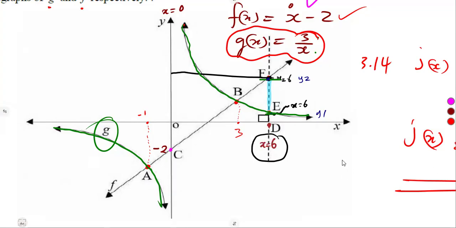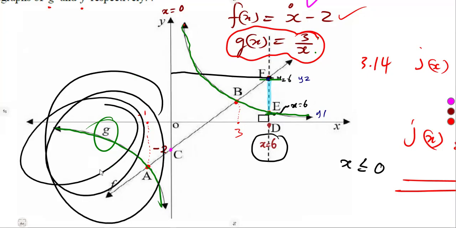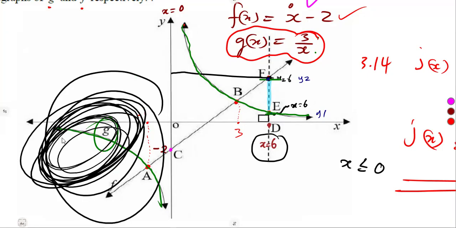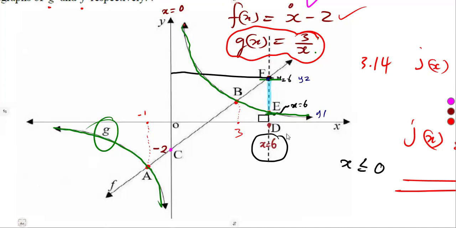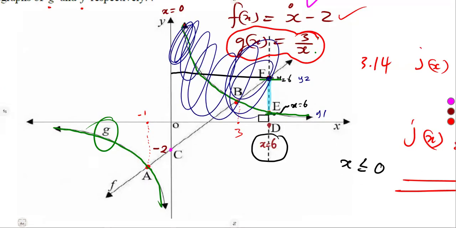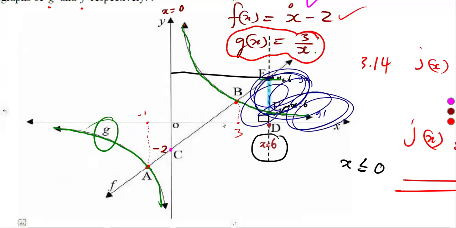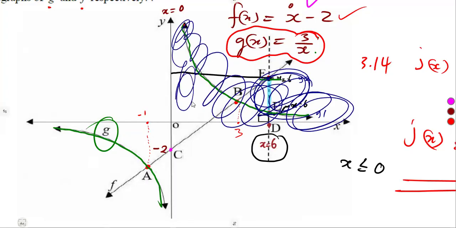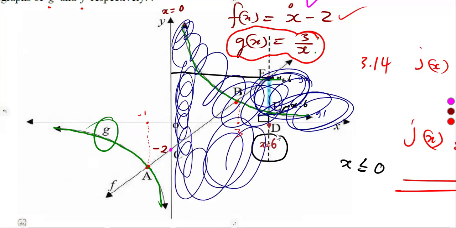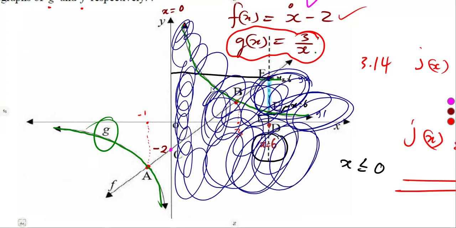But they said our x values must be less than or equal to 0, meaning we need to work from the left side, the negative side of our x-axis. We have nothing to do with x greater than 0, which is this side here. There is nothing that we need from this side. Don't waste your time looking into the right-hand side of your Cartesian plane. It's not useful for now.